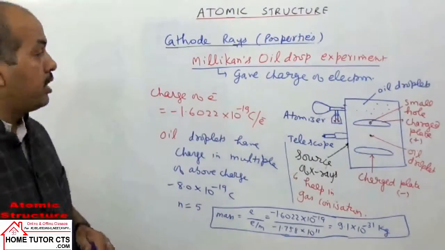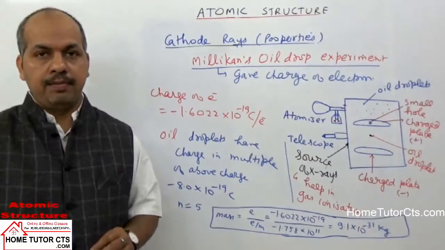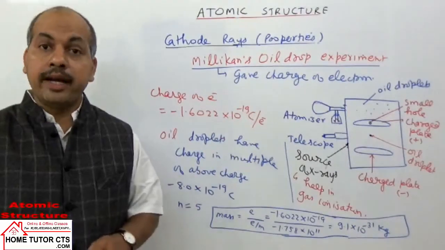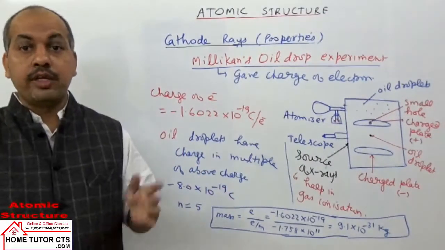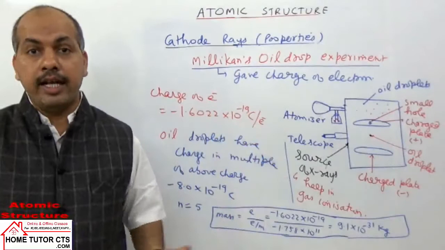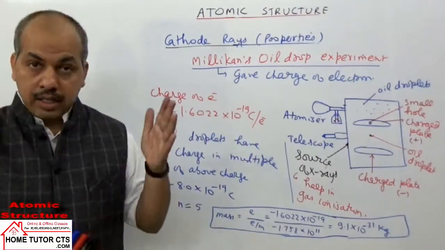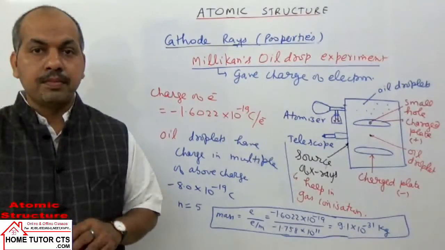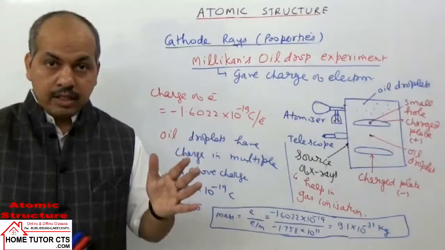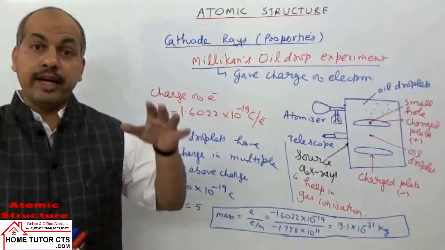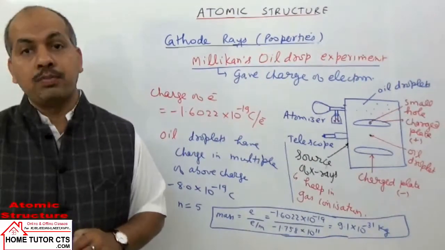Now when it was proved that the atom is not the smallest particle, but contains some negative particles called electrons, the next question came: if atoms are as a whole electrically neutral, how do they maintain their electrical neutrality? For that it was suggested that if atoms have negative particles, electrons, they should also have positive particles.